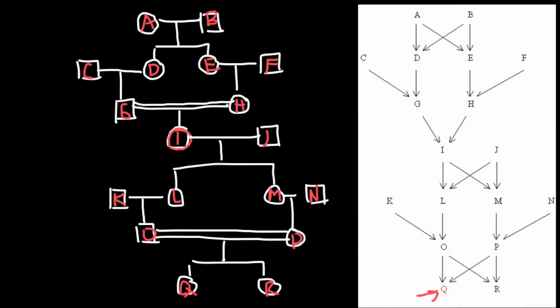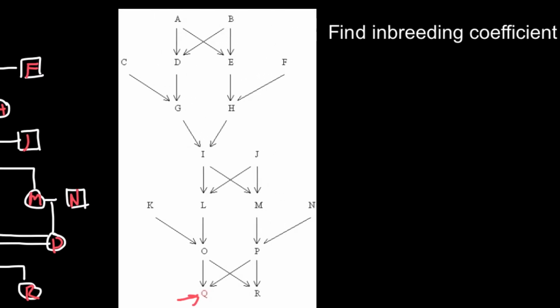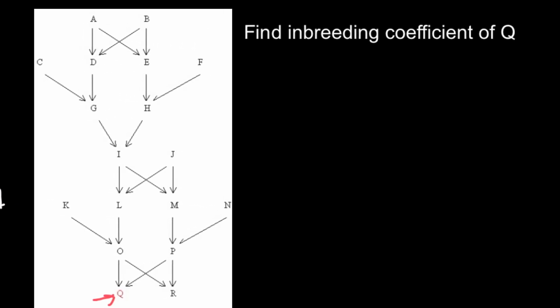And now we have to find what is the inbreeding coefficient of this individual. But our first step would be to find the inbreeding coefficient of individual I. Our calculations are going to be rather simple, so just follow the logic.